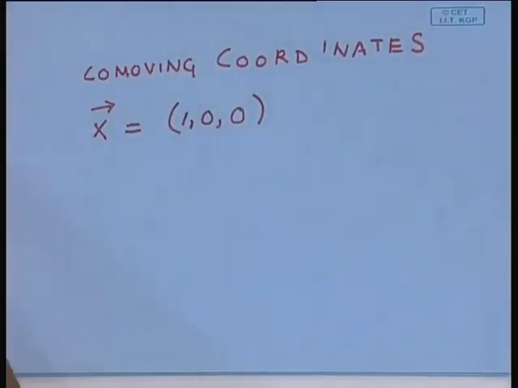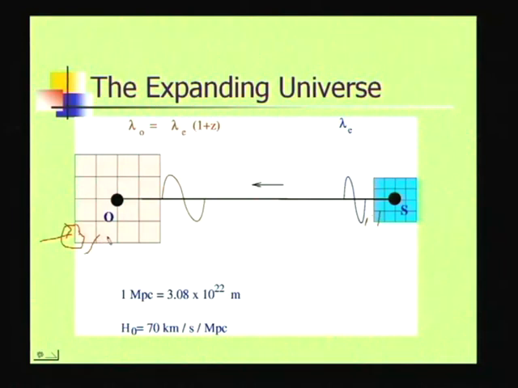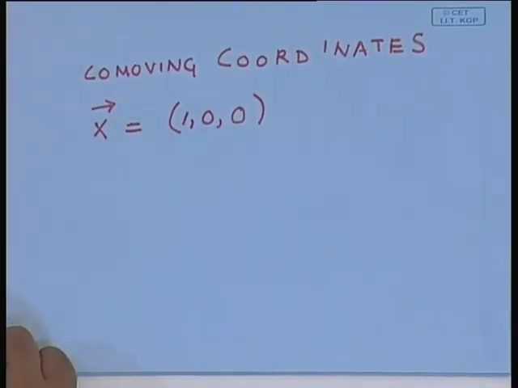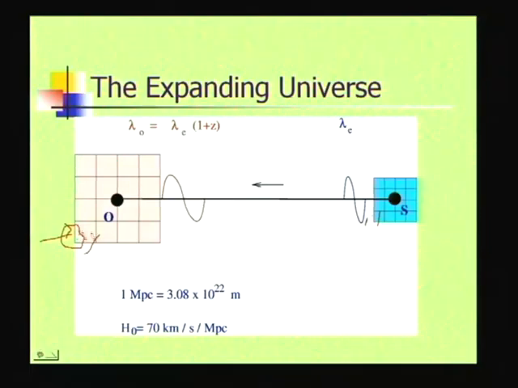Now, if I ask you what is the position of this particular galaxy whose coordinate in this comoving coordinate system is 1, 0, 0, its position has actually changed because the galaxies are moving away from one another. This change in position has been incorporated into the expansion of the coordinate system itself.